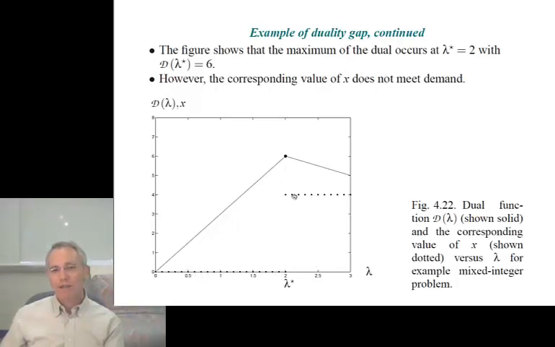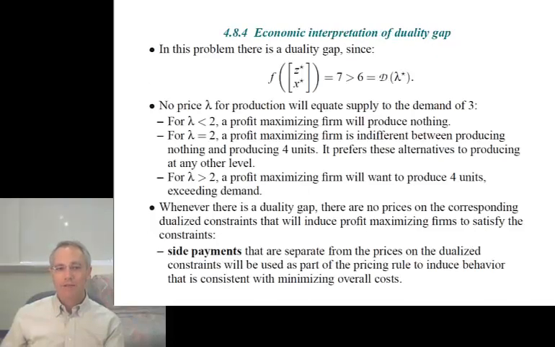For lambda greater than 2, the generator would, from a profit maximization perspective, like to be on and generating at 4. So the corresponding value of x does not meet demand. There's a duality gap. As I said, the objective of the primal problem is 7, which is greater than the objective of the dual maximizer.